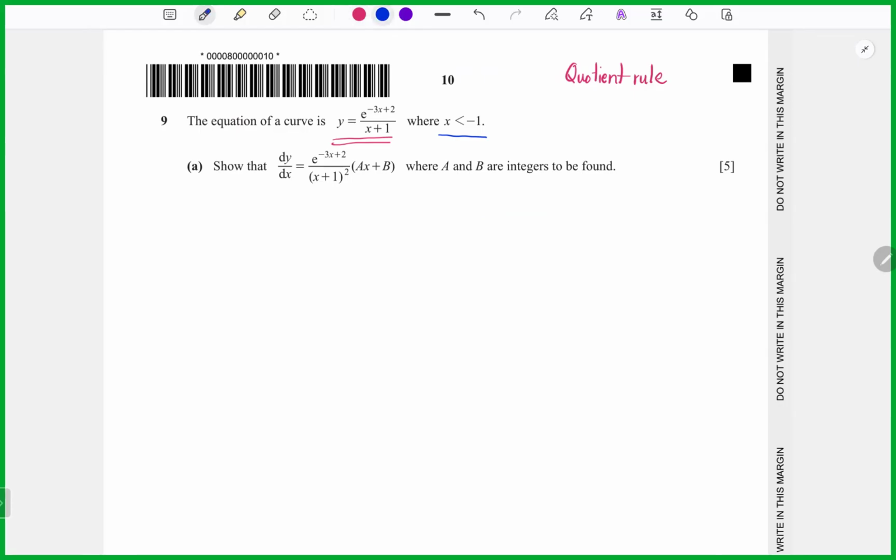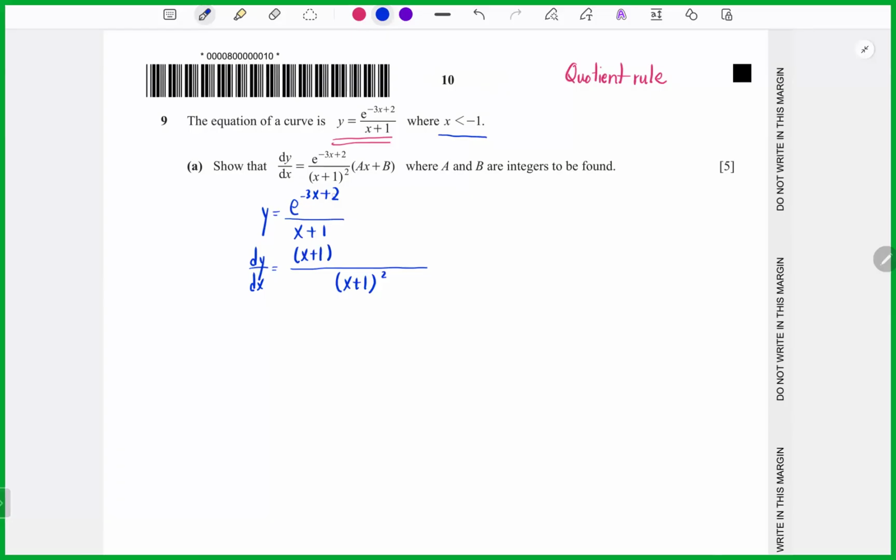We need to apply it here, so you can try out. y equals e^(-3x + 2) over x + 1. So dy/dx equals, (x + 1) squared in the denominator. Copy here again.